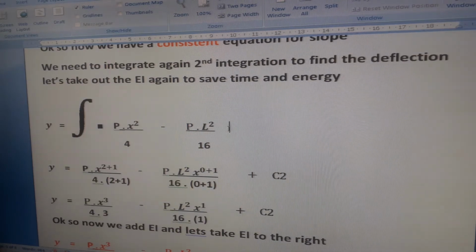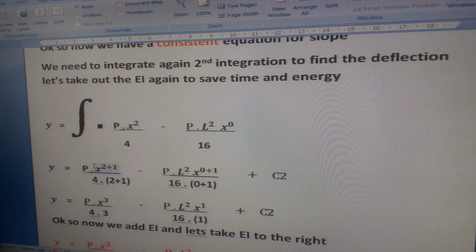I just put that on for you so it's clearer. PL squared divided by 16 is the same as PL squared over 16 times x to the power of 0, because that is 1. So I'll just do that again.